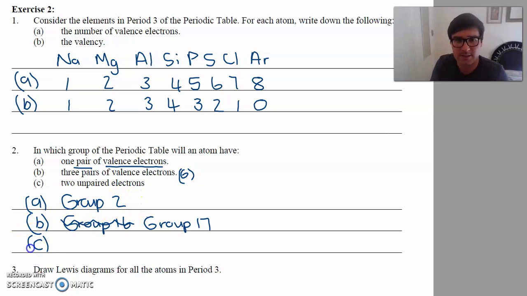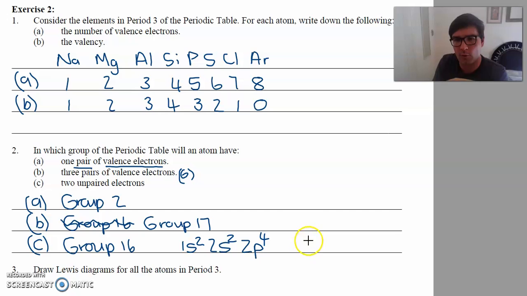And then number C, 2 unpaired electrons. Now we need 2 electrons which are alone, which don't have a friend. So in this, if you think of your Lewis diagrams that we drew, that we do find in group 16, because in group 16, if we take oxygen as an example, it would be 1s2, 2s2, 2p4.